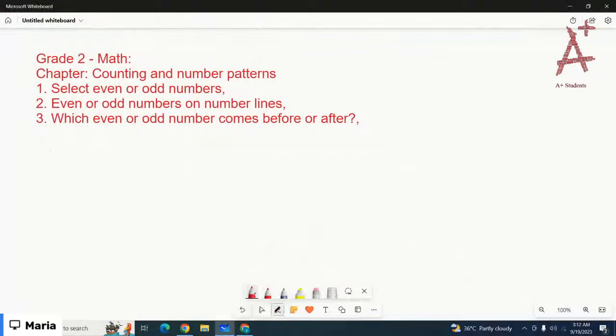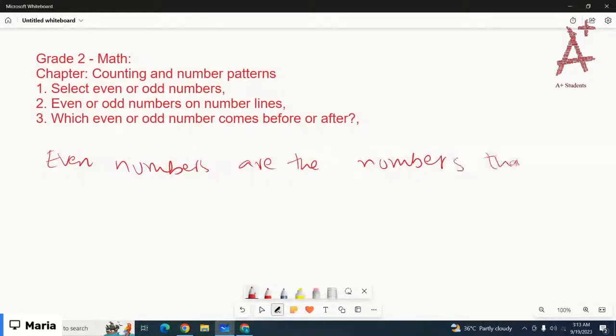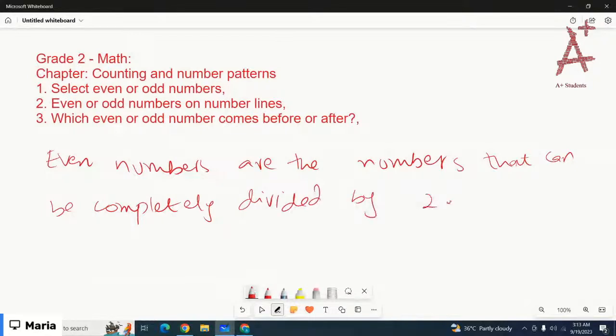We've done even and odd numbers in detail in the last session.